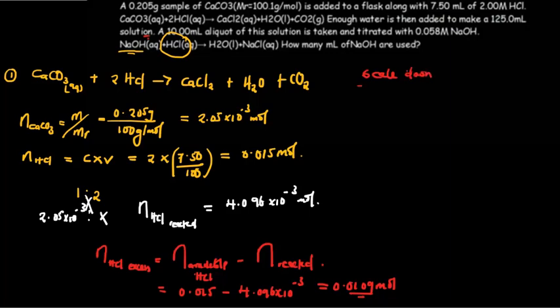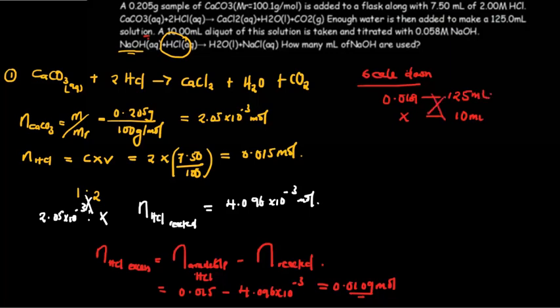Since we are dealing with the aliquot, you say actually this 0.0109 is in 125 mils. So how many moles will be in 10 mils?